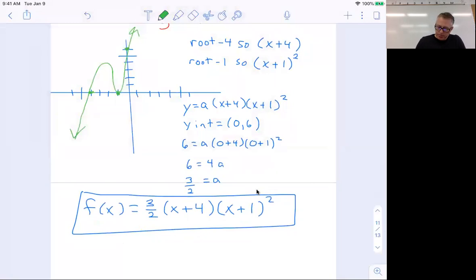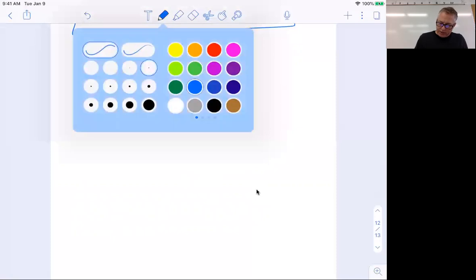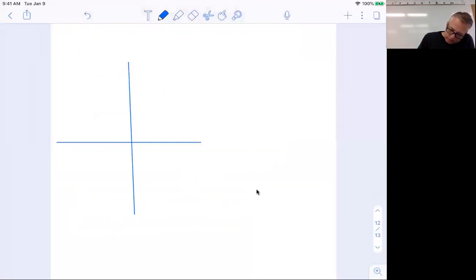All right, let's do another one. So let's draw an XY graph again. And I'm going just 6 in each direction.